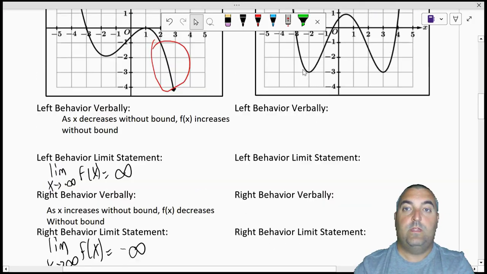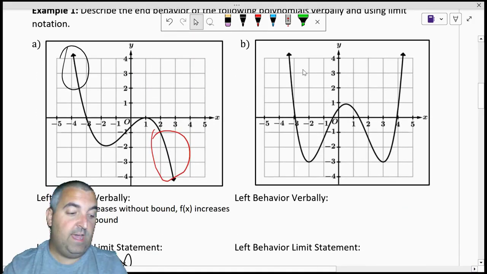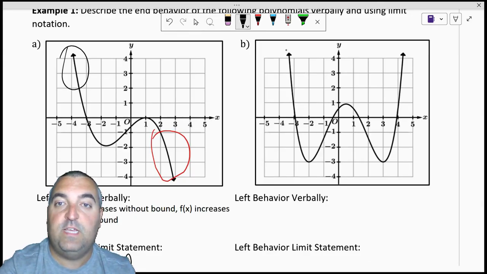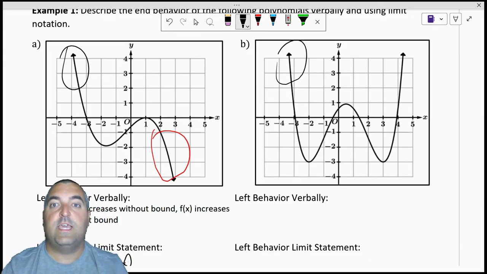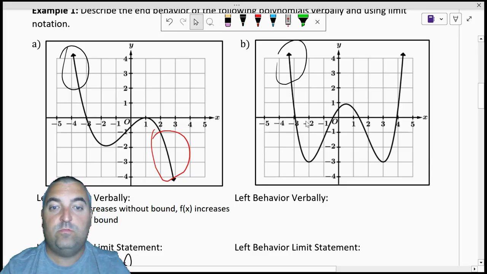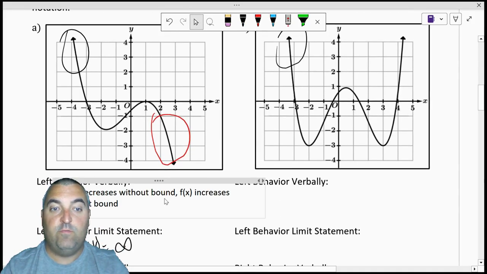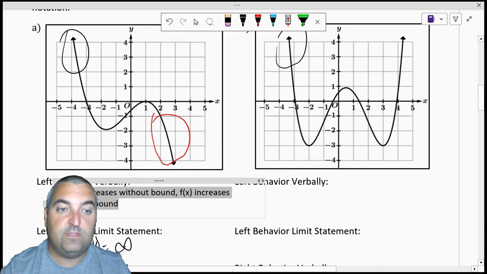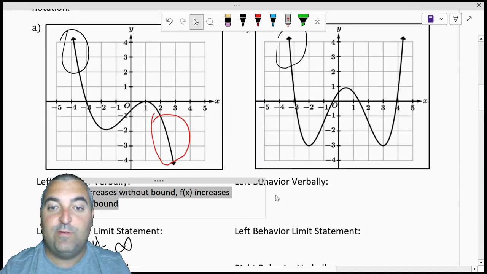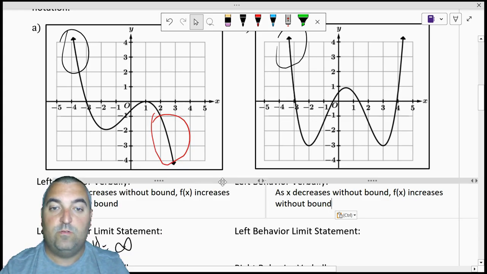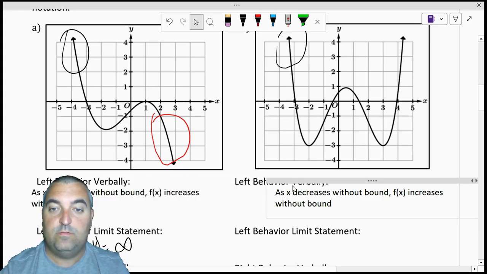The other graph, here we have the left side. So we're starting with the left side. It's going straight up, which means we're going to write the same exact thing. So I'm actually going to copy and paste because I can do that on my computer. So there's this answer.